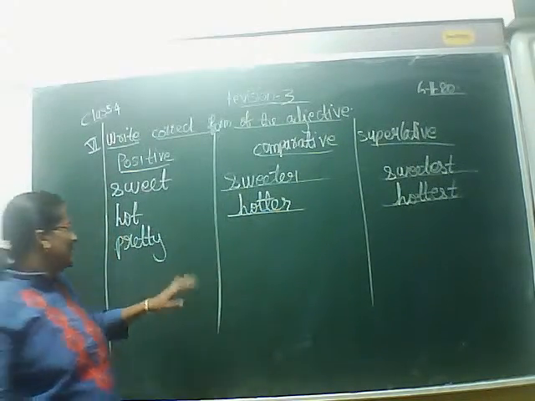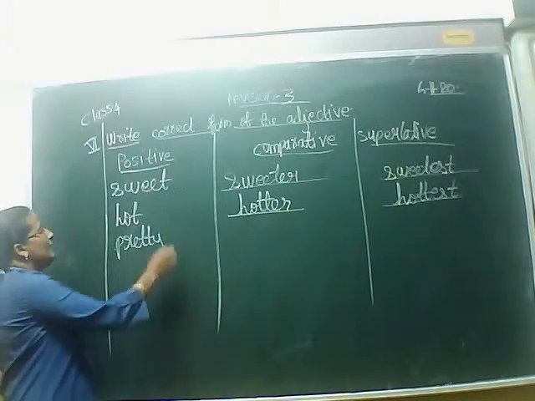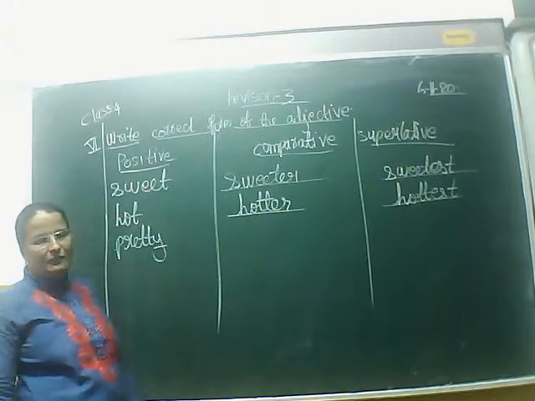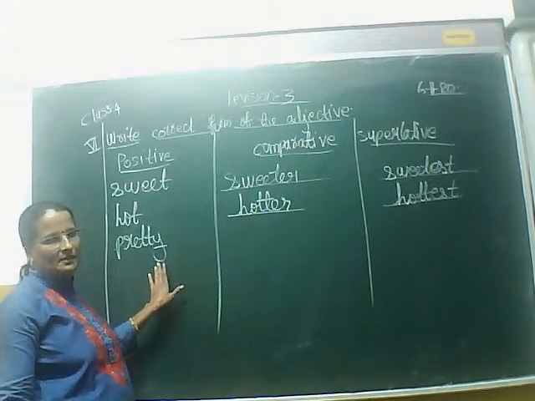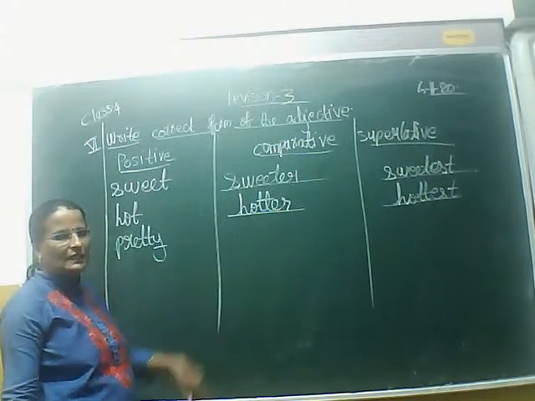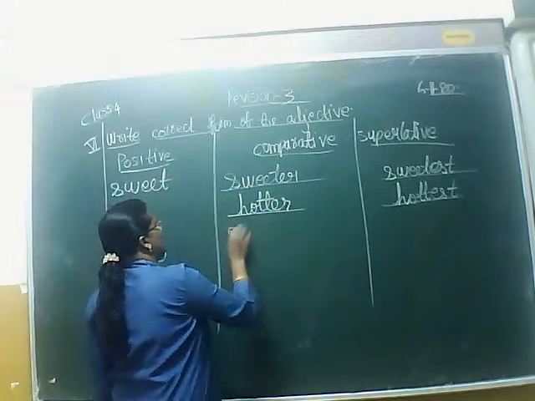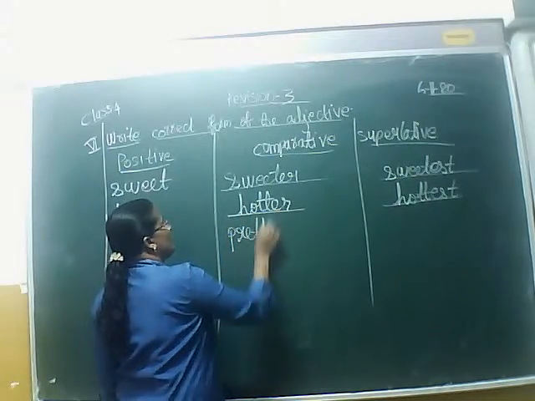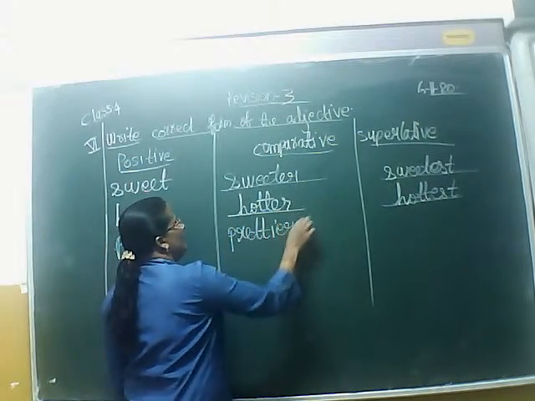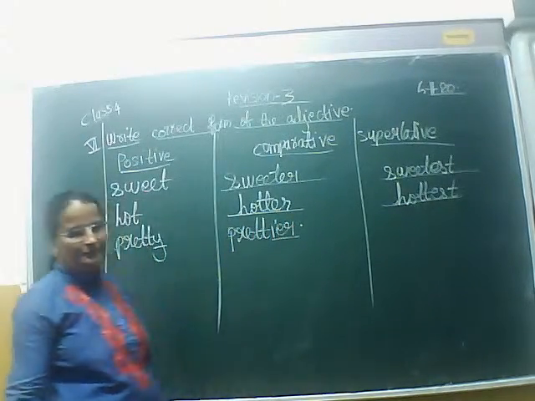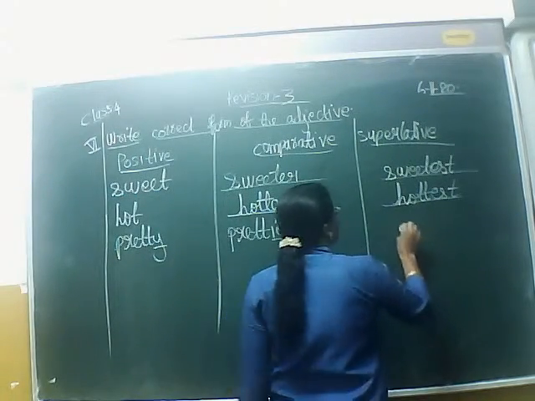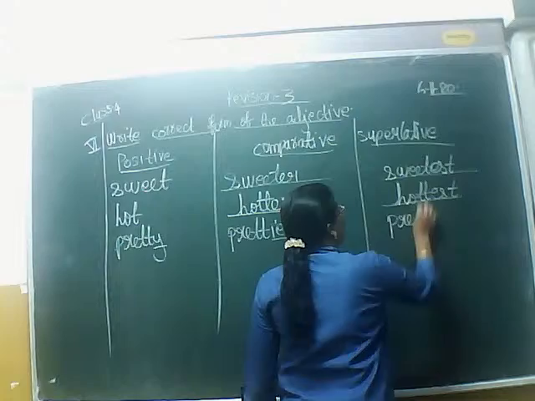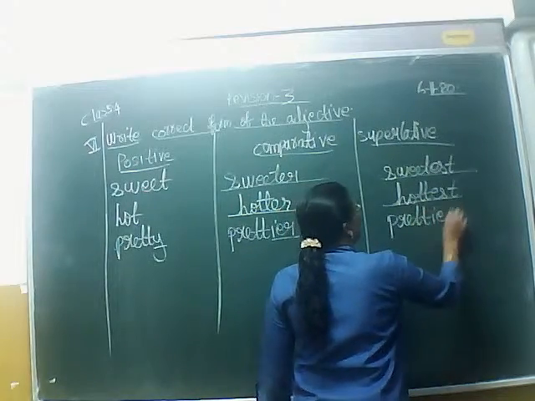So when you are writing here, you must take care that this particular adjective is ending with a Y. We don't want any tails. So we will cut the tail. We do the operation on pretty, cut the tail and add IER. Now again we will cut the tail and write prettiest.